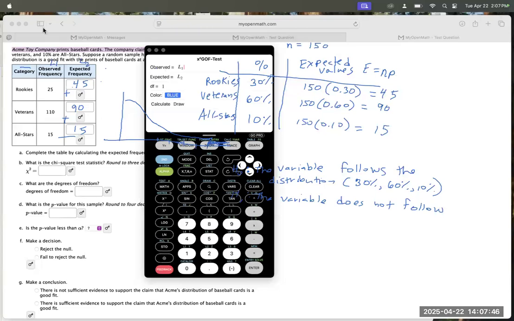So the degrees of freedom, df, is equal to k, which is the number of categories, minus 1. So it's 3 minus 1, which is 2. So we're going to put 2 in here. And now we just press calculate.